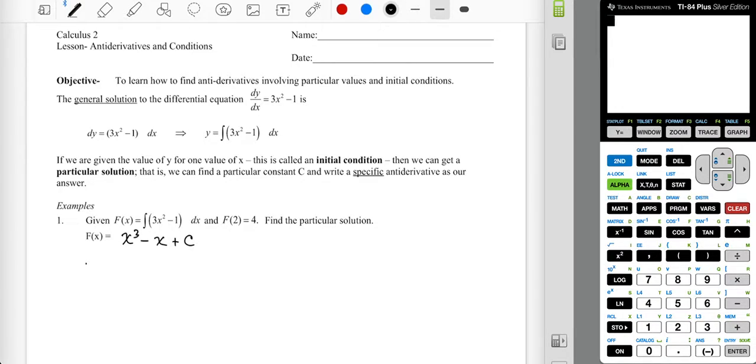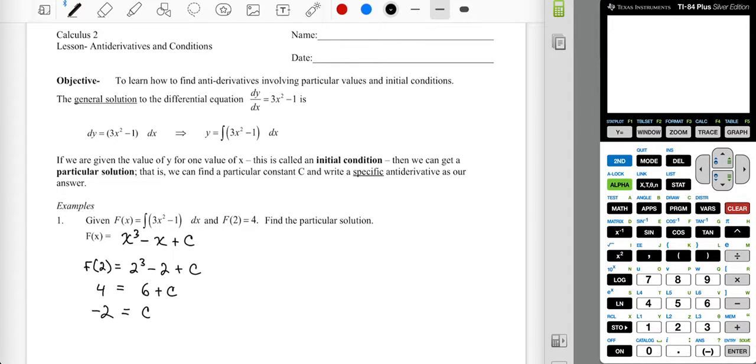So f of 2, which is what you would get if you replaced each x value with a 2. So 8 minus 2 is 6 plus c. That's actually going to be equal to a 4. So 4 is equal to 6 plus c, which means that c has to be equal to a negative 2.